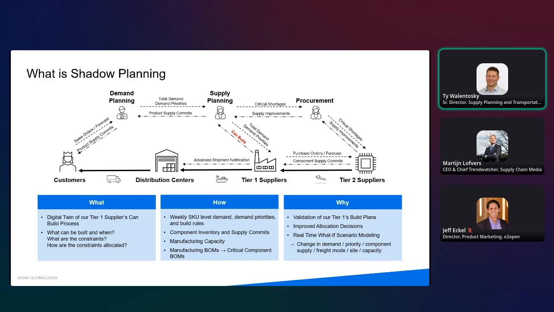How are they taking all of this information and coming back with a finished goods SKU level build plan and commit? We want to make sure that we're making the right decisions, allocating our constraints in the best way, and then ultimately, as we'll talk about in a minute, we have a real desire and need to be able to do real-time what-if scenario modeling, right?